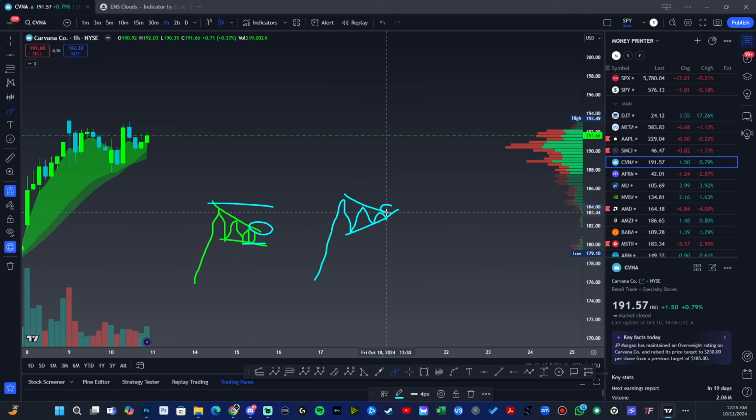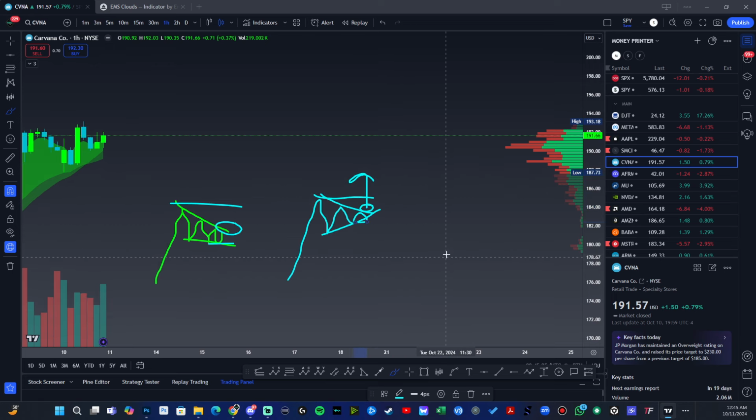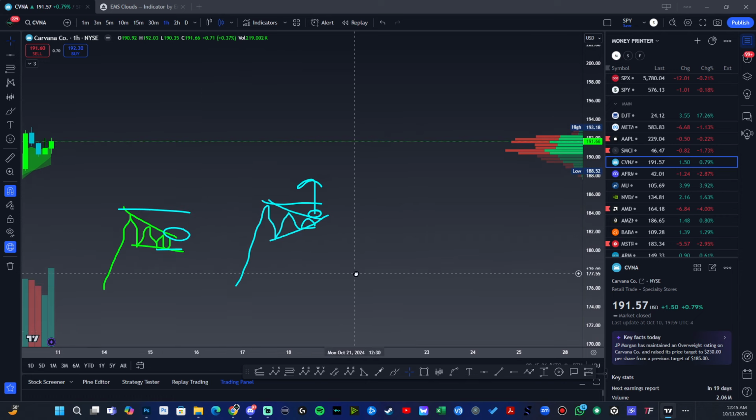Right, you enter at the break point here, your target's up above, and you look for that move to the upside with the stop loss right below. Okay, so these two patterns I trade every single time. This one I like a little bit more because it has a little bit better risk to reward, but both are fine.